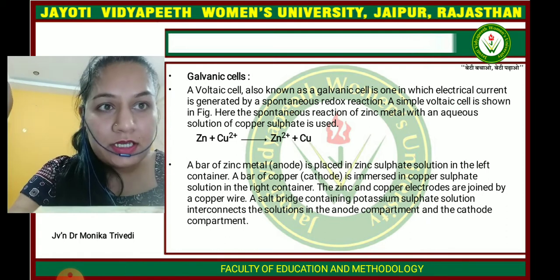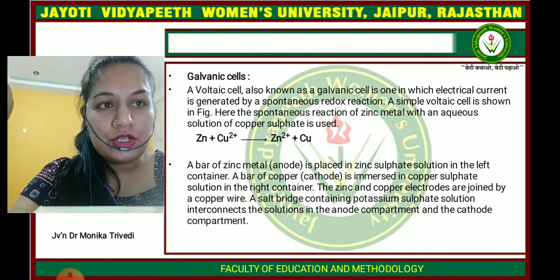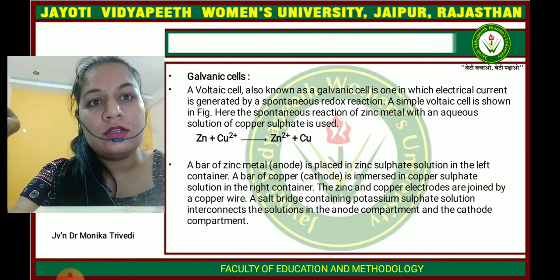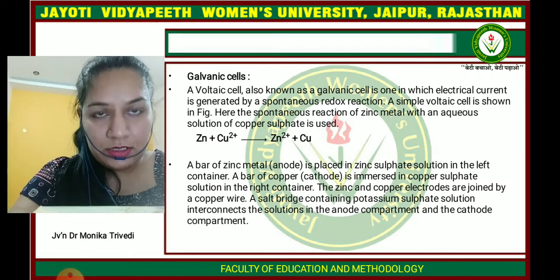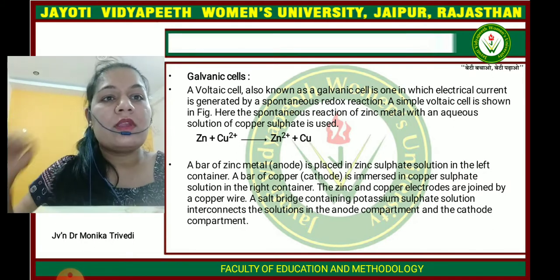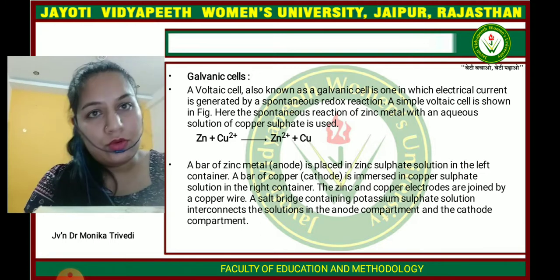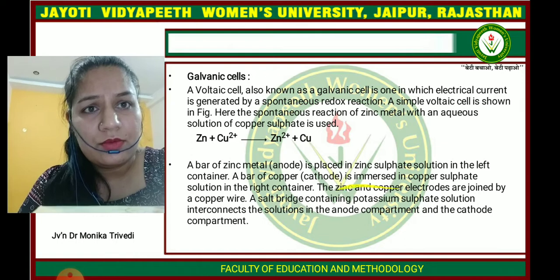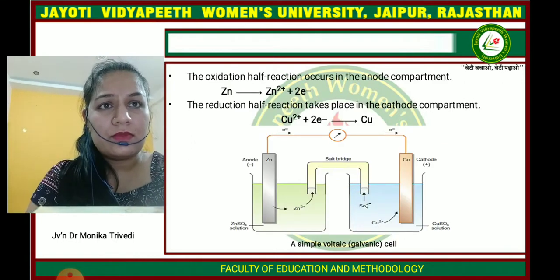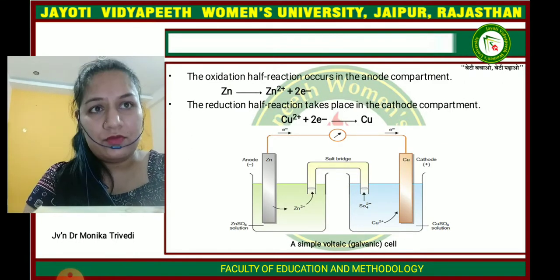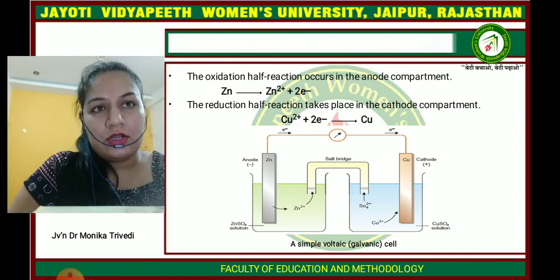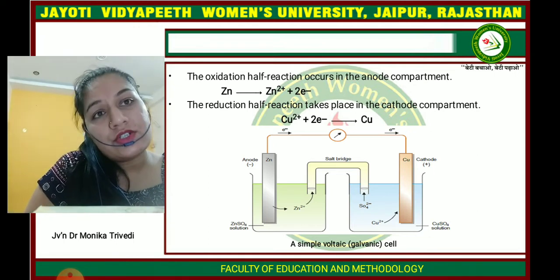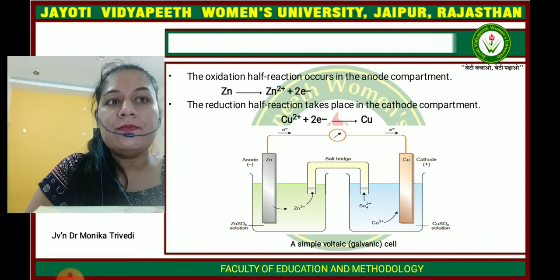The salt bridge, containing potassium sulfate solution, connects both solutions. The anode and cathode are present in different compartments. The oxidation half reaction occurs at the anode, and the reduction half reaction takes place at the cathode.